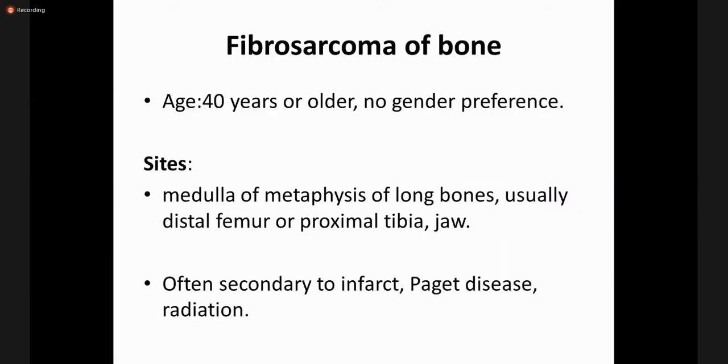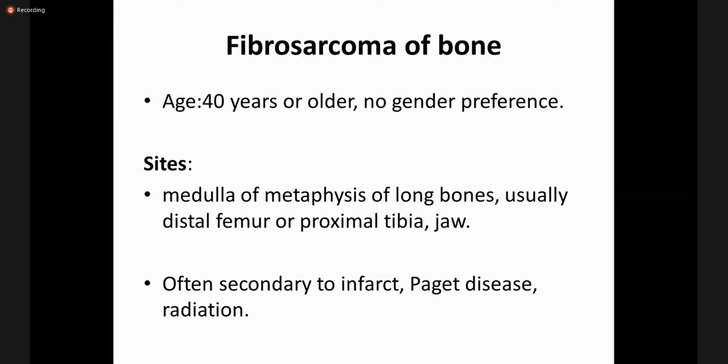The next category of fibrogenic tumors is fibrosarcoma. Fibrosarcomas are malignant tumors of the soft tissue and bone. Although it is very rare in bone, it is also very rare in soft tissue.